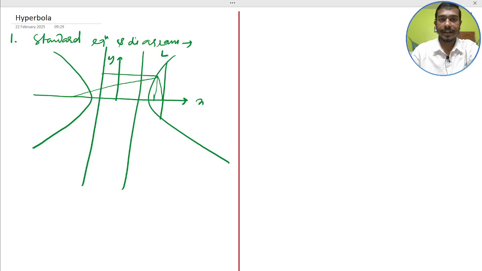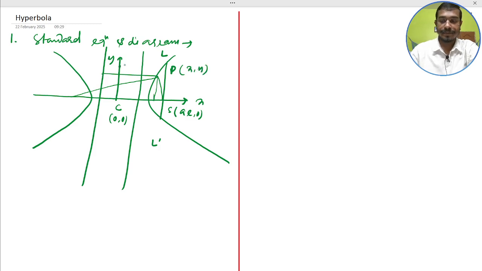This is L dashed, one side, and another side should be the same. Here this point is C, 0, 0. This is S, A, 0. This is any point on the hyperbola, that is x, y.